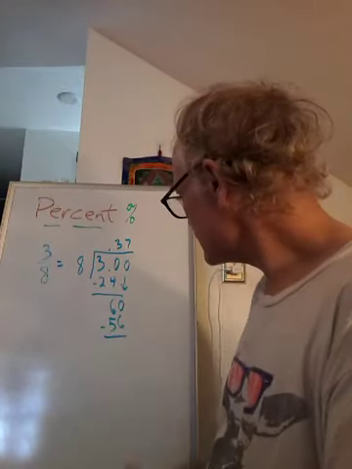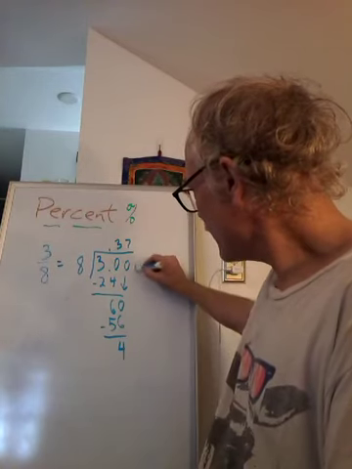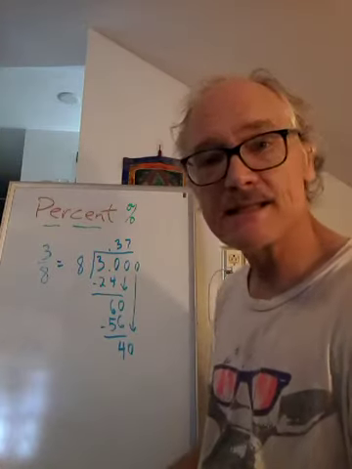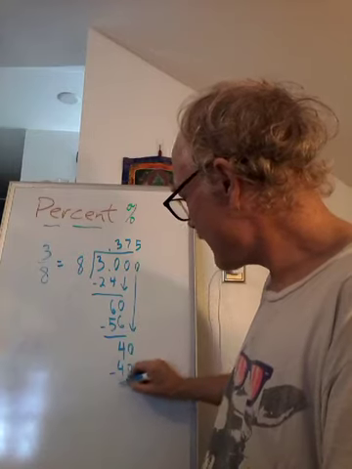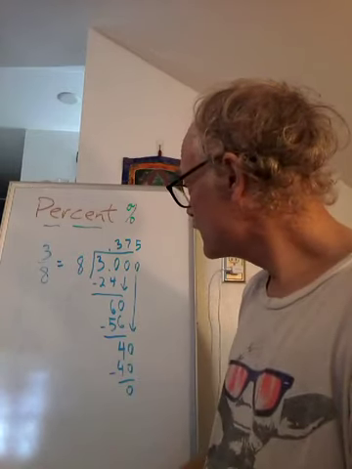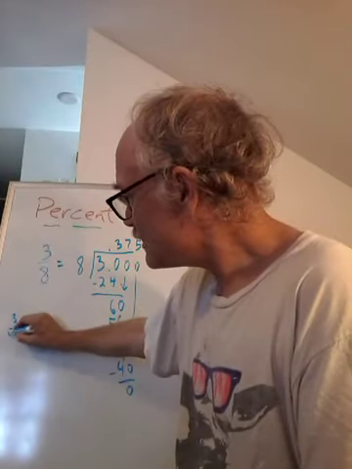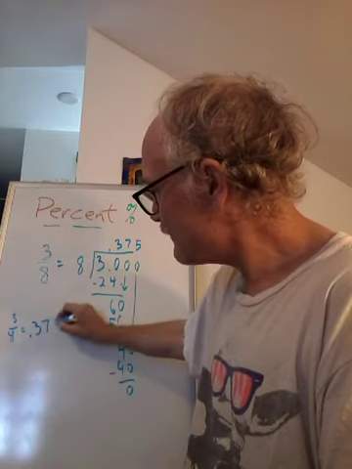And then 60 take away 56 is 4. I'll bring down one more 0. Can 8 go into 40? Yes, 5 times. So I get 40, and now I have no remainder. So I know that 3/8 is equal to this decimal, 0.375.